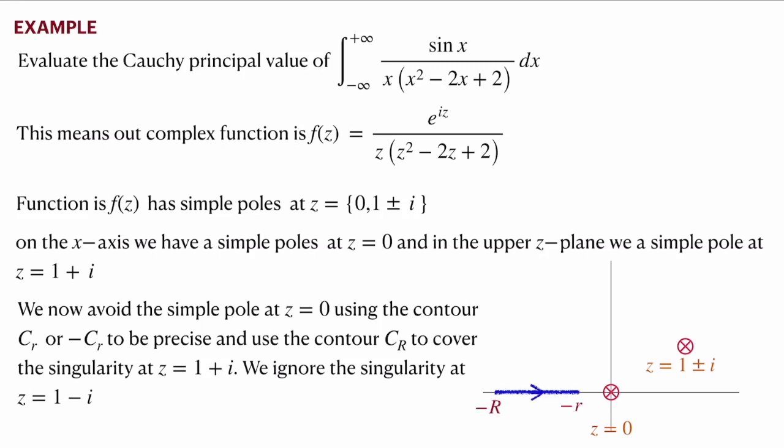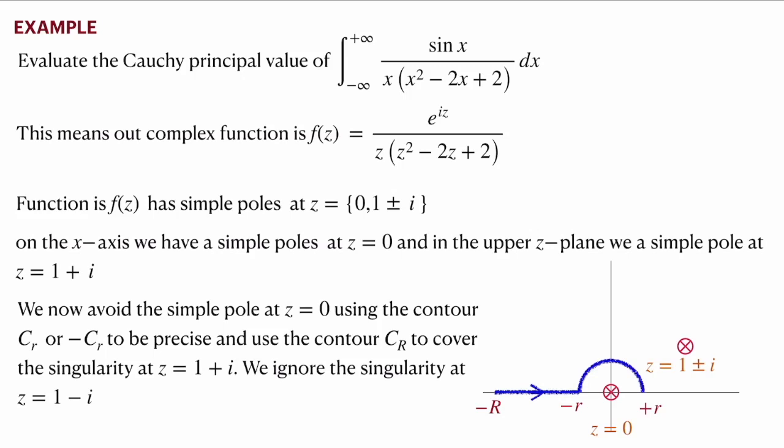We start our contour from minus capital R, go all the way to minus small r along the real axis, then we deviate along the contour C r to avoid the singularity at z is equal to 0 and reach plus r back on the real axis.